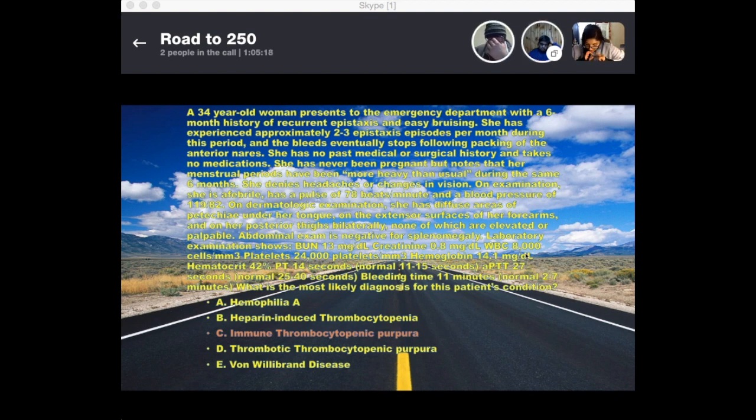So what is TTP? TTP most often affects adult women with the characteristic pentad of signs that I said before: fever, thrombocytopenia, hemolytic anemia, neurological symptoms, and renal failure.